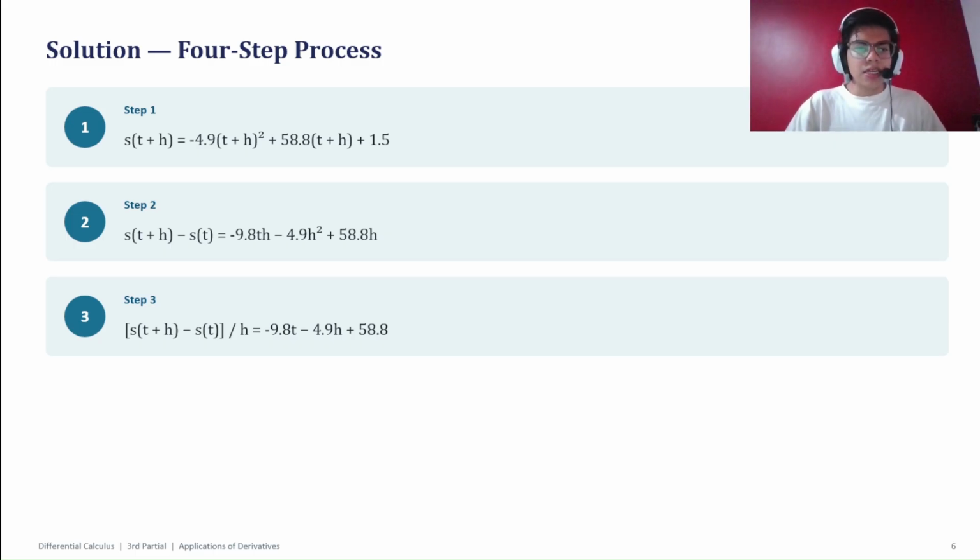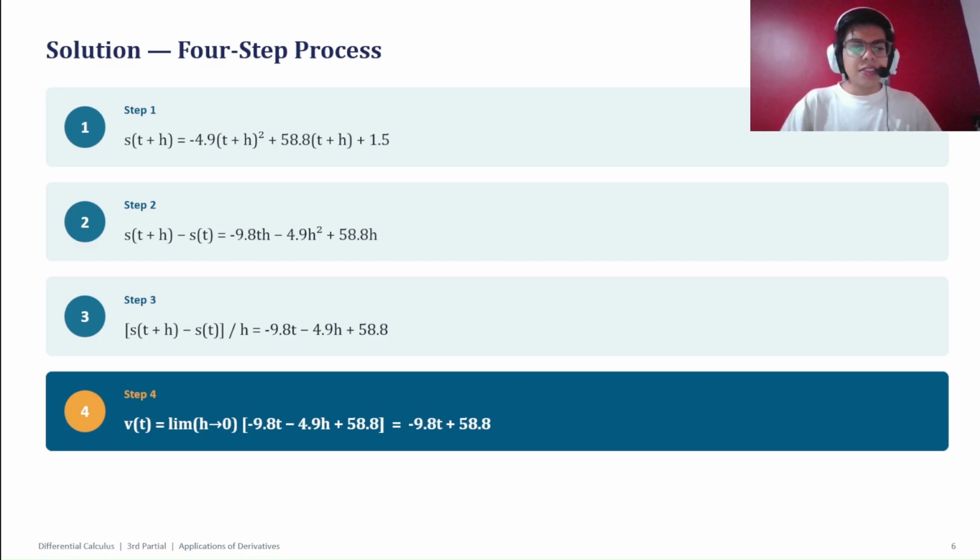For step 2, s(t+h) - s(t) = -9.8th - 4.9h^2 + 58.8h. For step 3, (s(t+h) - s(t))/h = -9.8t - 4.9h + 58.8. Where's step 4? Well, we have here step 4.